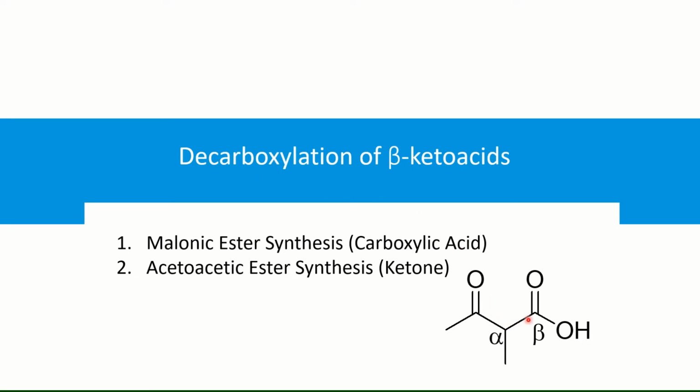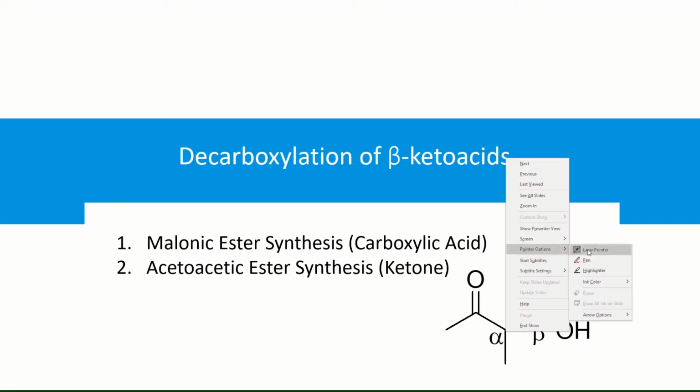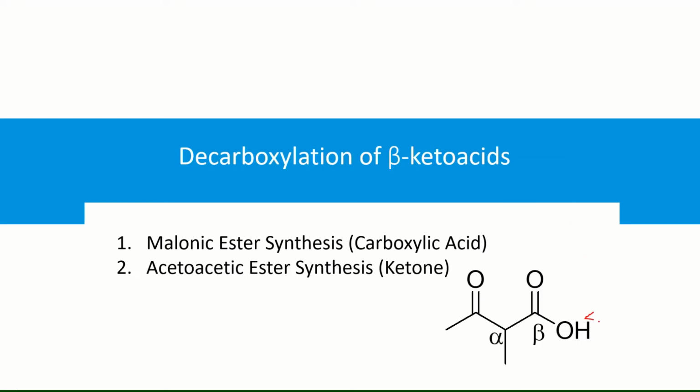We talked about the beta-carbonyl before, how acidic this proton here at the alpha carbon is, because we can generate 3 resonance structures from there. So if we have an ester here, then of course you can see that we can deprotonate here and do alkylations, etc.